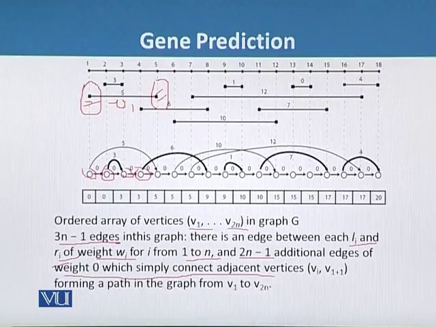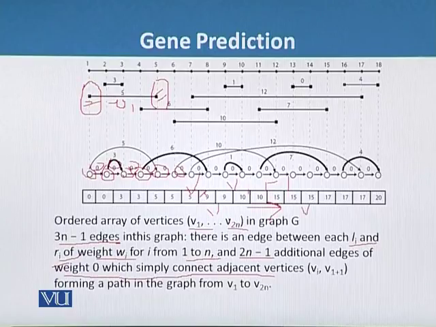So these are vertices, they are connected with each other, and we can see here the weight is 0 for each of the edges that connects two vertices. So at the end we will get the 0 weight edges which simply connect the adjacent vertices, that is Vi up to Vi plus 1, forming a path in the graph from V1 to V2n.